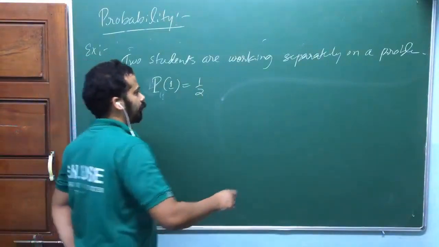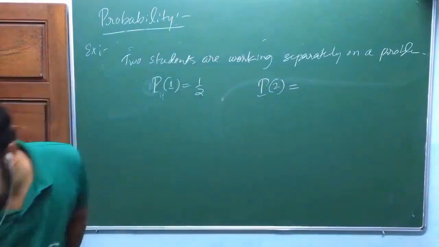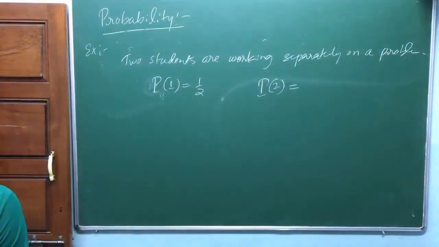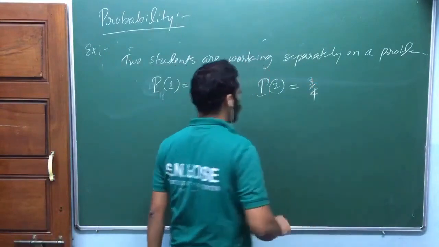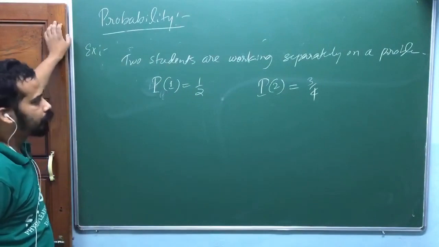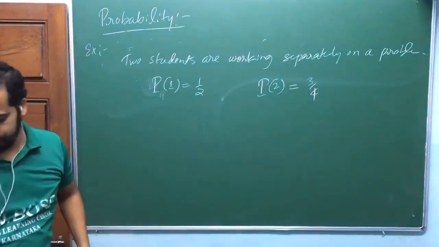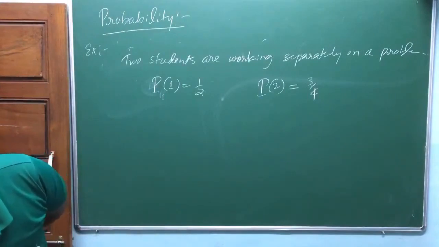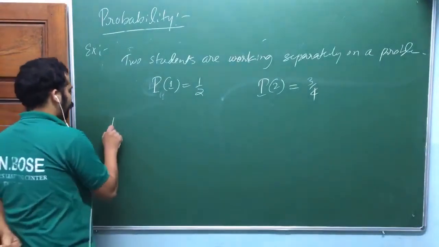The second student has a probability of 3/4 of solving it. Probability of solving the problem. Is that okay? Now the question is, what is the probability that at least one of them solves it?